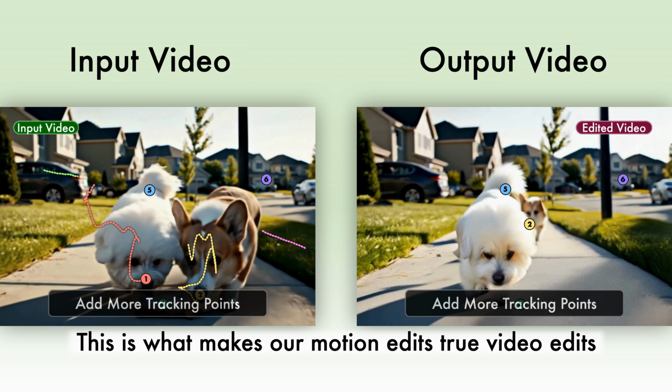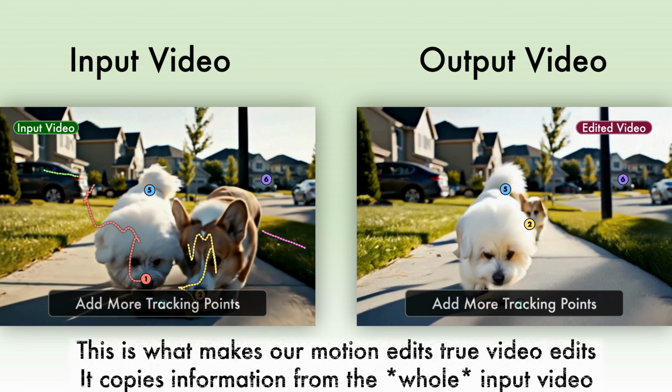And that's what makes our video editor a true motion editor. By taking information from the entire input video, we can reveal things that weren't visible in the first frame.